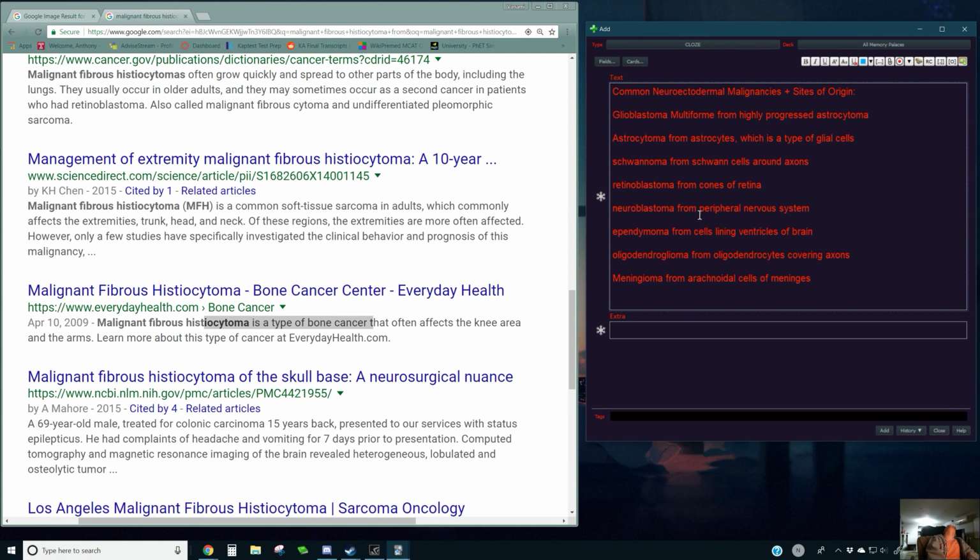Granular cells of the cerebellum? No. How about granuloma? Nope.